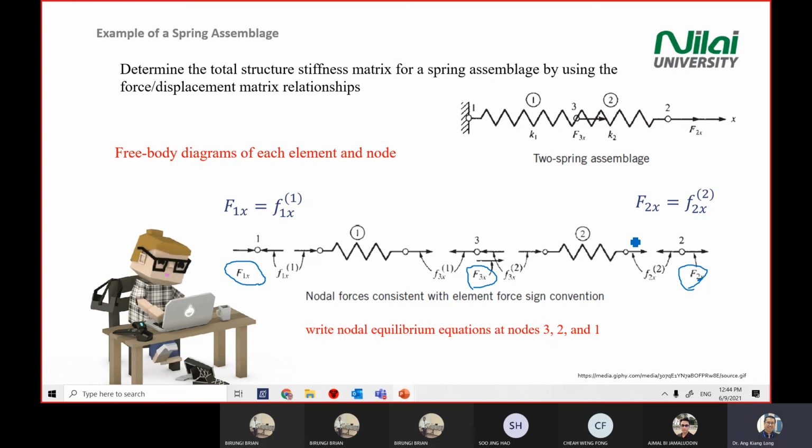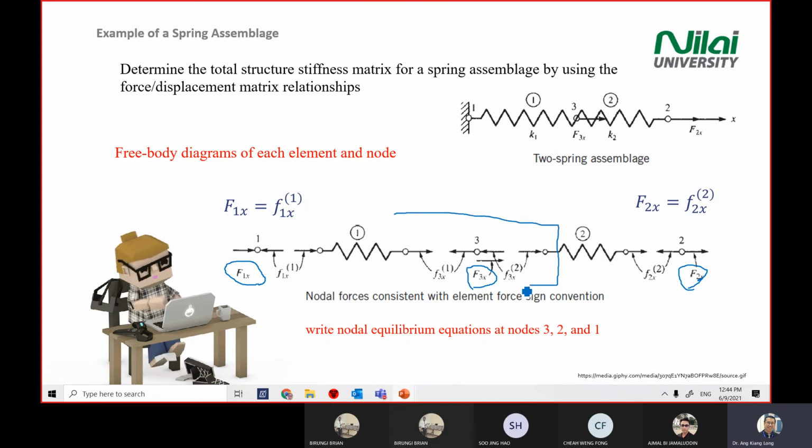So you draw the arrow going in. Okay, and then on this side, because there's a reaction force to point number 2, you just counter this force. A bit complex is this section because it's connecting 2 elements plus the external force.